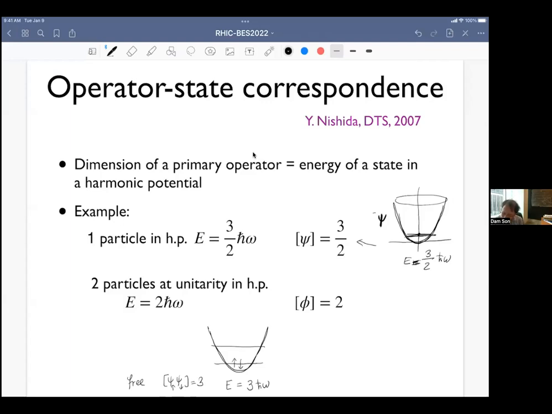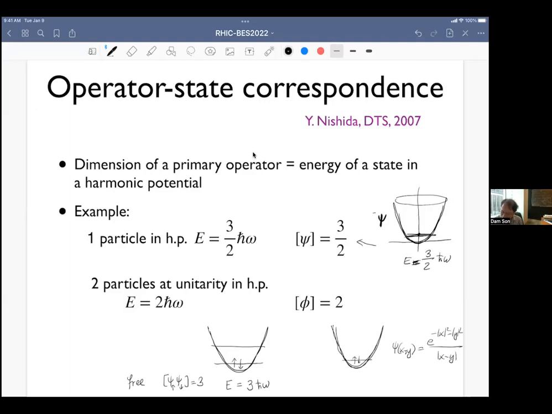But if our two particles interact through an infinite scattering length interaction, or unitary interaction, then when we put two particles in the ground state, they attract each other and form a new interacting state, with a wave function which can be written down exactly as a Gaussian divided by x minus y.